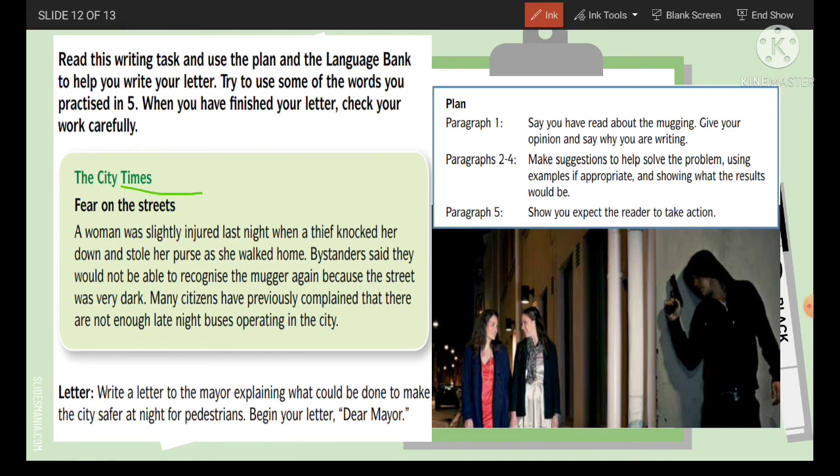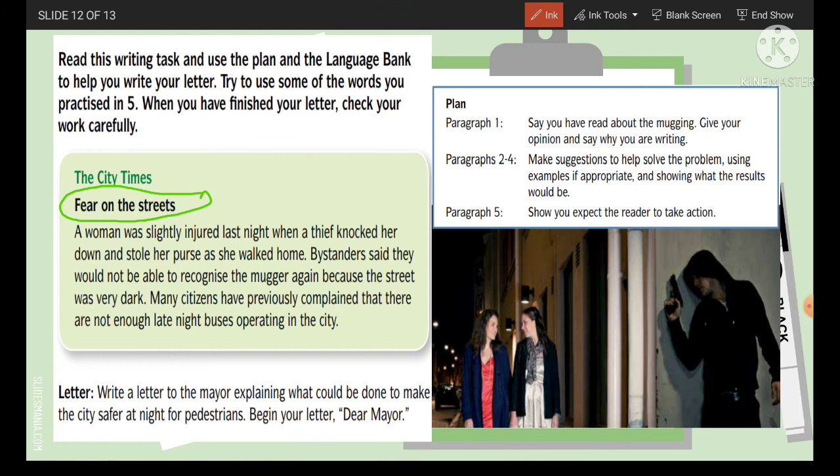Okay, fear on the streets. A woman was slightly injured last night when a thief knocked her down and stole her purse as she walked home. Bystanders said they would not be able to recognize the mugger again because the street was very dark.